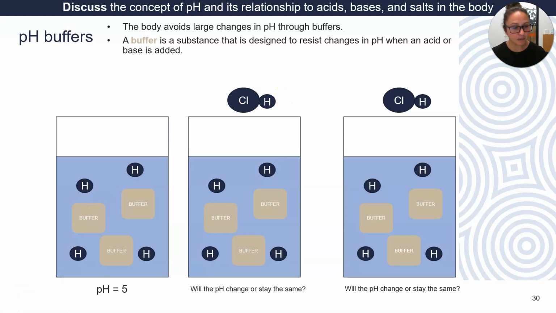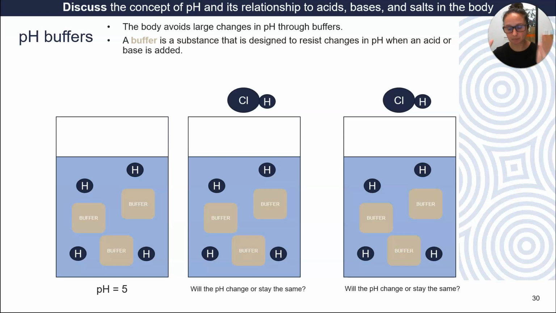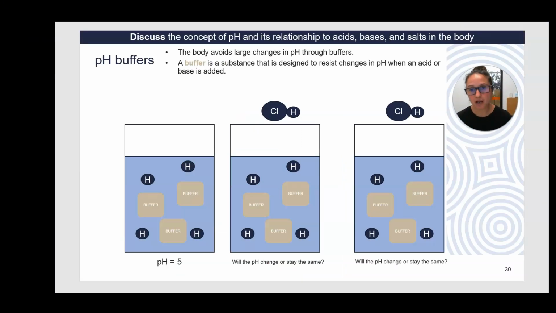Okay, so another thing that we need to think about are buffers. Now, buffers are a little bit difficult to explain, but I've done my best with my drawing here, so bear with me. This is my solution here, and it's just a schematic.